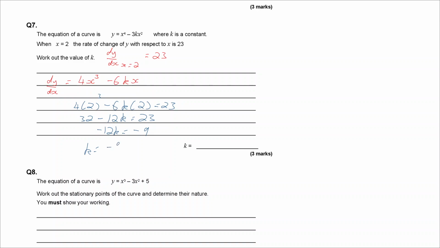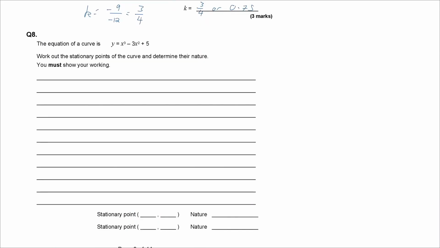So we're going to get minus 9 divided by minus 12. The two negatives will give a positive answer. If you divide by two negatives, you get a positive. And 9 over 12 is the same thing as 3/4. So k should be equal to 3 over 4, or of course you'd write it as 0.75. And that is the answer, guys. Okay.